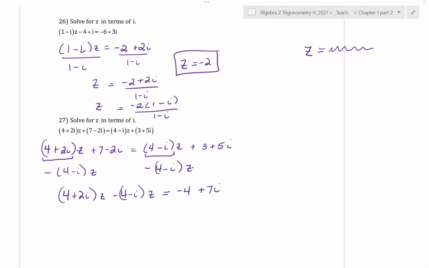Okay, so now you have 4 plus 2i minus 4 plus i z's on the left-hand side of the equation. So now that simplifies to 3i z's. So your last step is to divide by 3i.